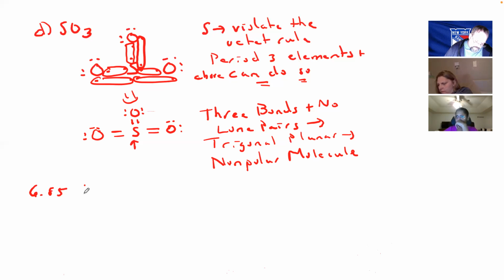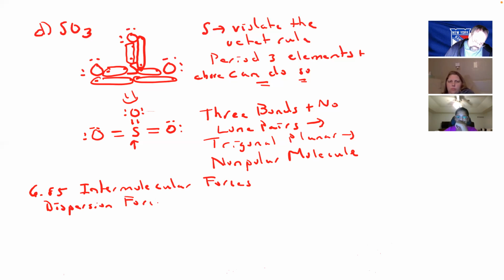In terms of your intermolecular forces, first off, you have what are known as dispersion forces. The one thing about dispersion forces is that they are always present. Dispersion forces are essentially momentary shifts of electron density that even result in nonpolar things for a moment being polar, and that impacting another molecule.